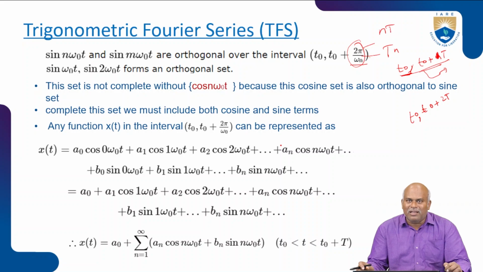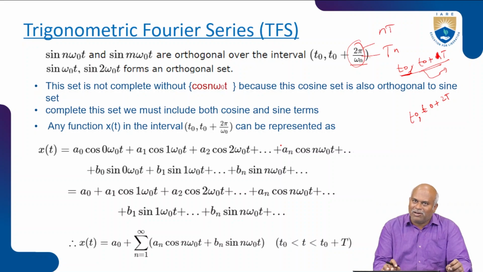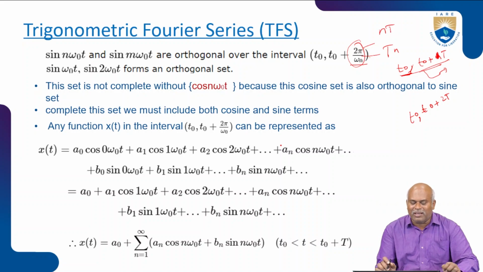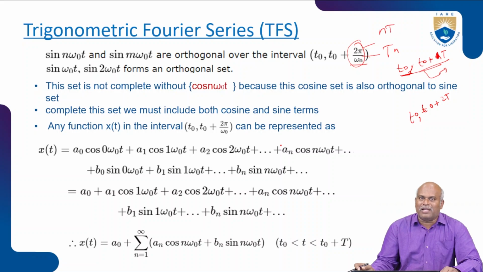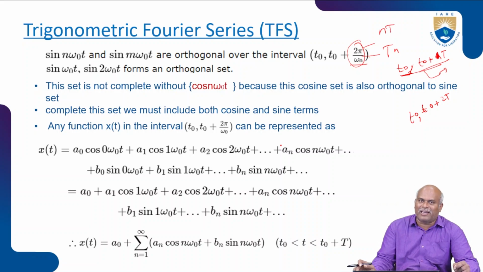If orthogonal, then the signal also possibly has the cosine term, and the cosine terms are also represented as an orthogonal set. So I should take both the sine term and the cosine term, represented as orthogonal together. To complete this set, we must include both cosine and sine terms.